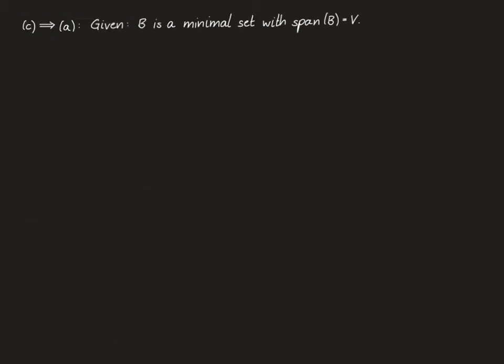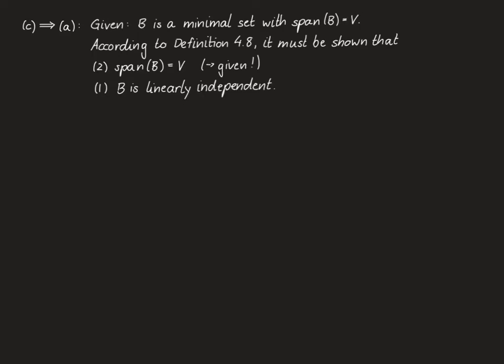For the third and last part, C implies A, what's given is that B is a minimal set with span B equal to the entire vector space V, and what needs to be shown according to Definition 4.8 are two things. First, that span B is equal to V, so that's given. And second, we have to show that B is linearly independent.